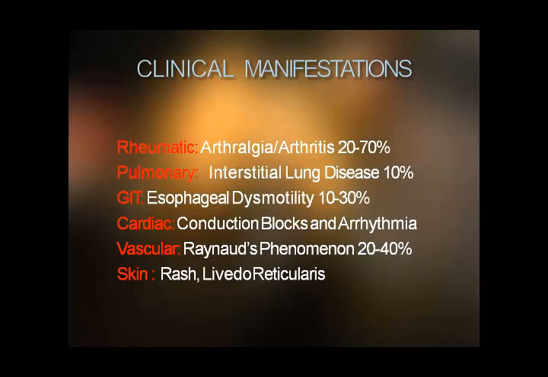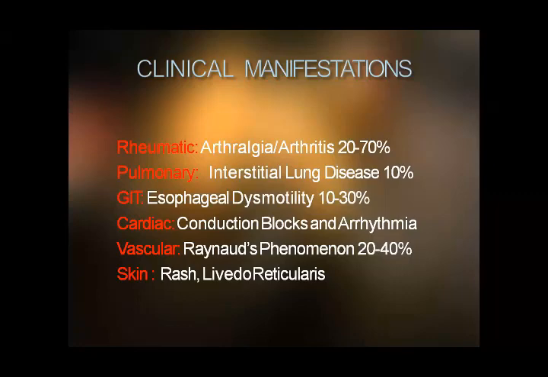limb girdle. It can present in different ways, like muscle pains with weakness and difficulty in standing from a sitting position, like limb girdle muscle involvement. Apart from muscle inflammatory disease, it can be a part of an arthritic picture. The patient may have arthralgia or arthritis in 20 to 70% of patients, and may have pulmonary involvement leading to interstitial lung disease or interstitial pulmonary fibrosis in 10% of patients.